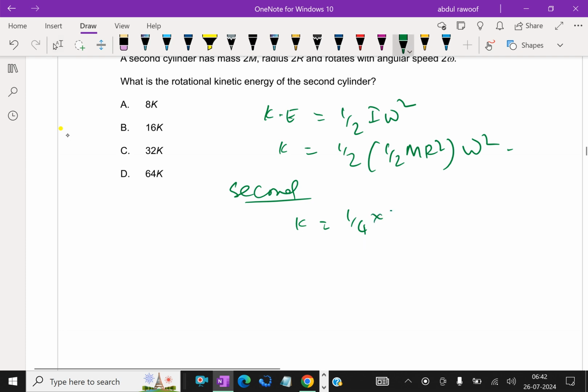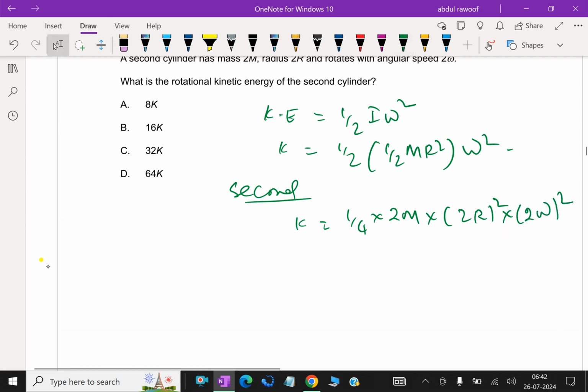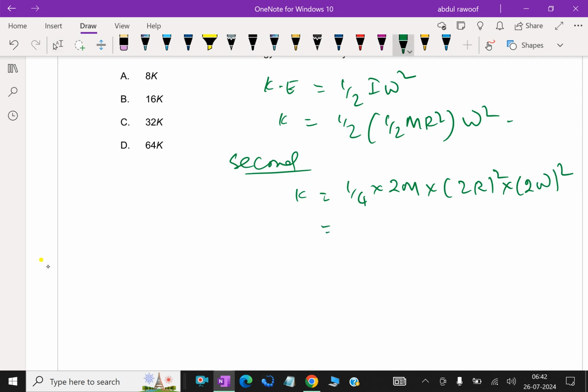M is 2m, mass is double, and r is double, and omega also double, so it equals 1 by 4 m r squared omega squared with the factors.